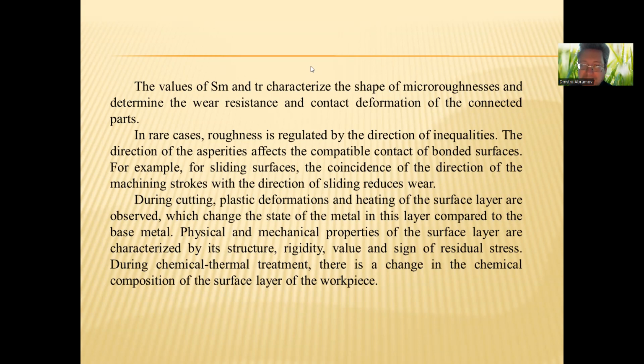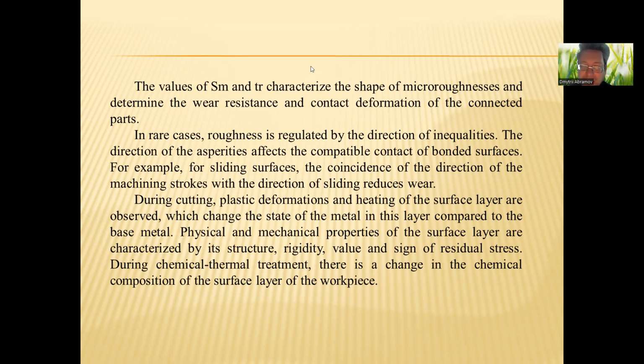During cutting, plastic deformations and heating of the surface layer are observed, which change the state of the metal in this layer compared to the base metal.